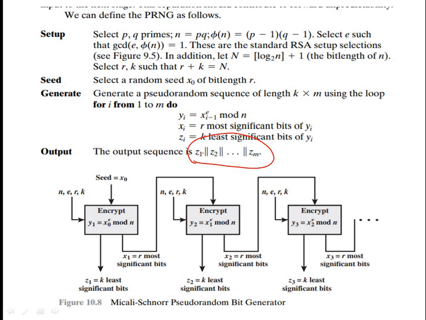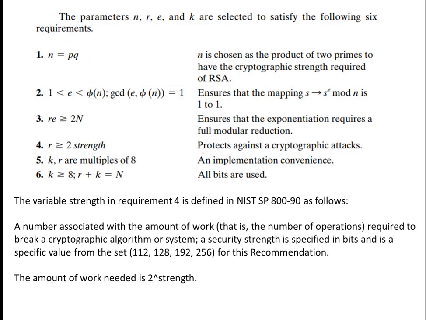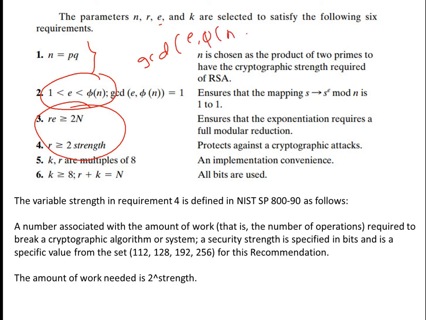This is very important, guys, pseudo random number generation for RSA. So please have a look at this. In the exam also it is very important. Here n, e, r, k are what we have selected. n is nothing but p into q, you already know this. r is a chosen random number. e is a value we take between 1 and phi of n, or we can say the GCD of e and phi of n will be equal to 1.